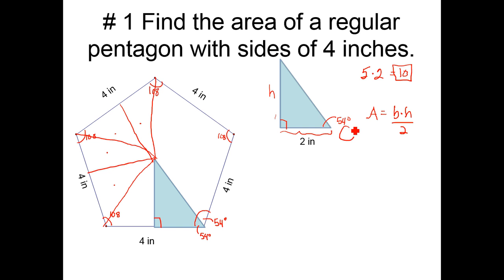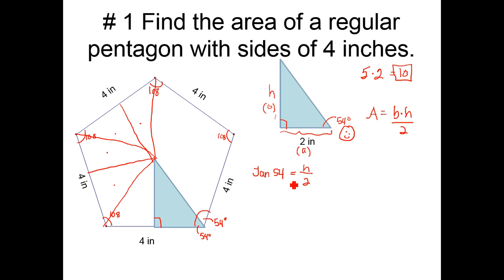So if I'm standing here, then I am looking for my opposite and I have the adjacent, which means I can use tangent of 54 is equal to the height over 2.